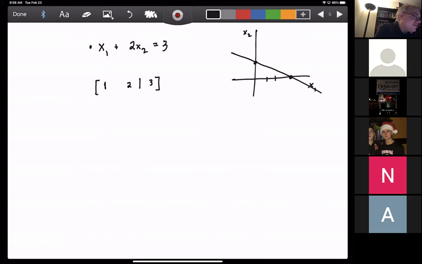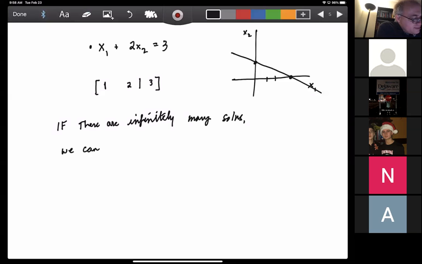Well, I'm not going to try to further manipulate this. And what Rref philosophy tells you to do is think about the infinite number of solutions here in a certain way. So if there are infinitely many solutions, we can express them in terms of free variables, so-called.